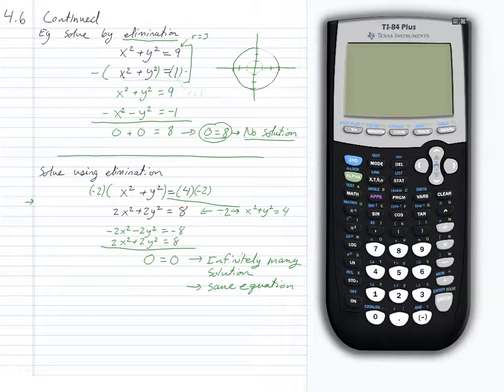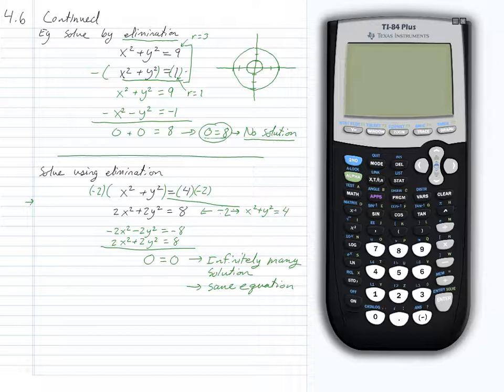The circle may not be very circular, but our second equation, x squared plus y squared equals 1, is a circle also centered at the origin with a radius of 1. Then we can see there are no points shared by either of these circles.